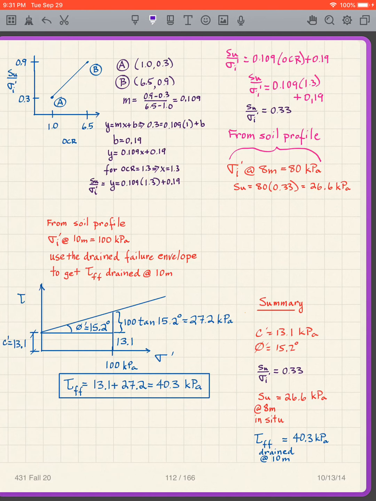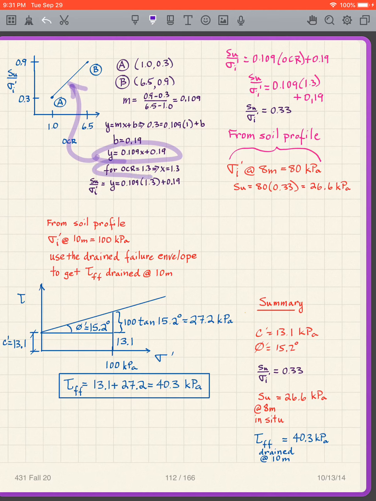For the undrained situation, we have the plot we've already made, and I'm not going to go through this, but again, we have 2 points. I want to write the equation of the straight line. I get the slope. I go y equals mx plus b, etc. I get an expression for this line, but now I want to know what is the value.